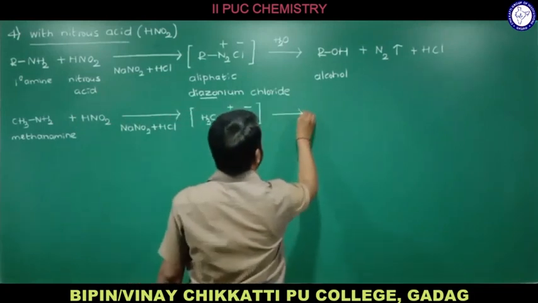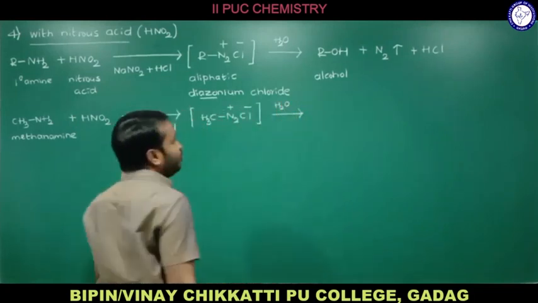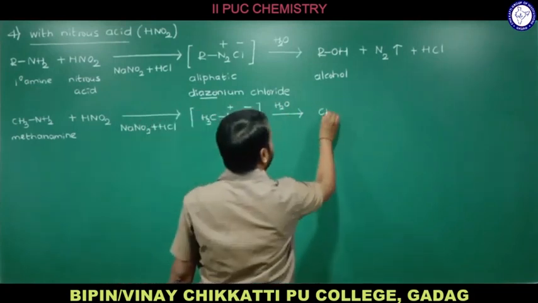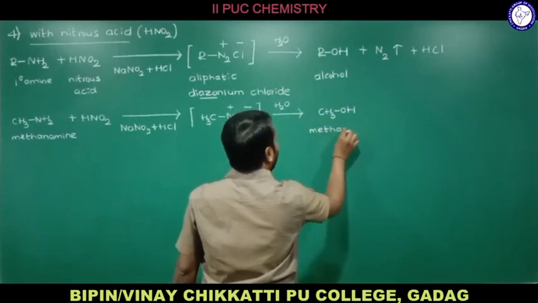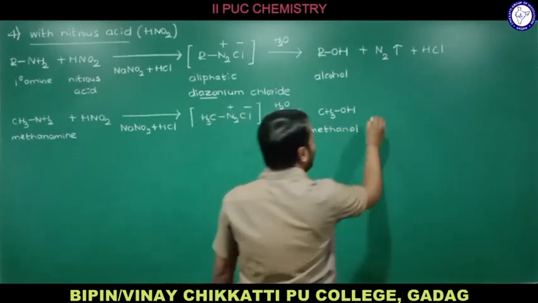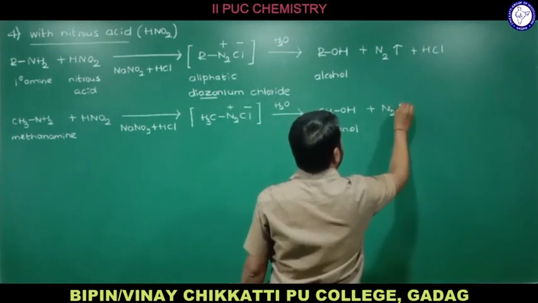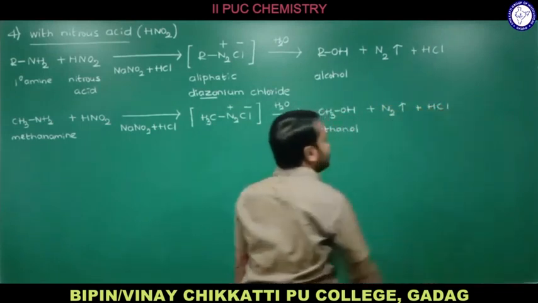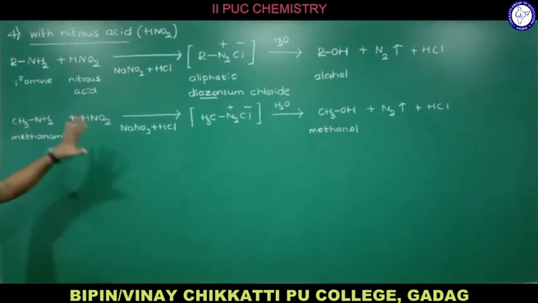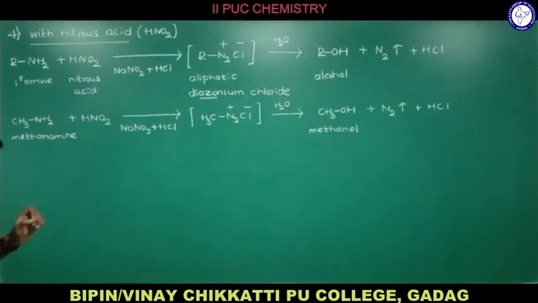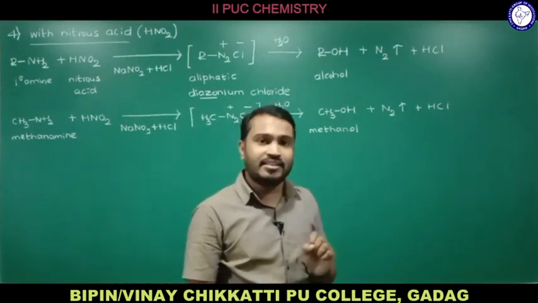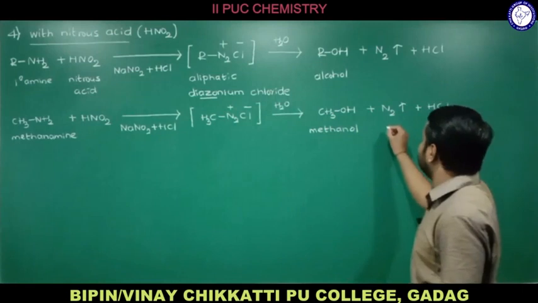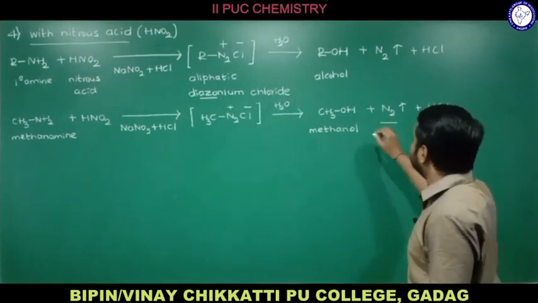When you consider the hydrolysis of this unstable compound, we get the alcohol of the respective aliphatic compound, that will be CH3OH, methanol, or you can call it methyl alcohol also. The gas released is nitrogen, and we have one more byproduct, HCl. So this is how aliphatic primary amines react with nitrous acid. Remember, the gas released when aliphatic primary amines react with nitrous acid is nitrogen, in the particular example and in general.